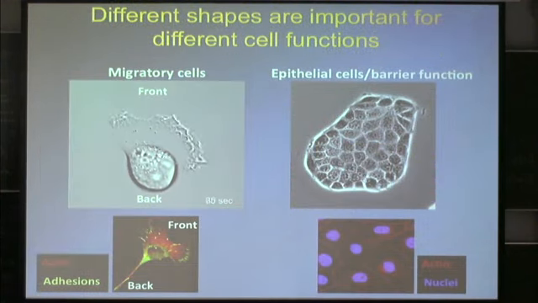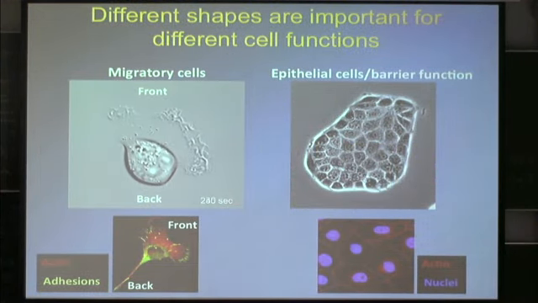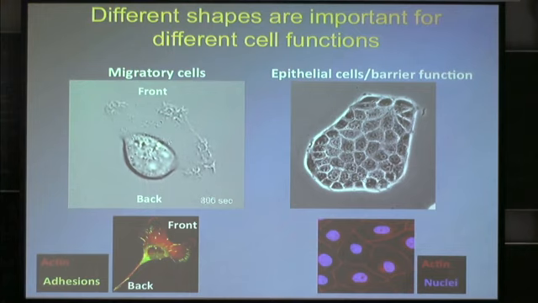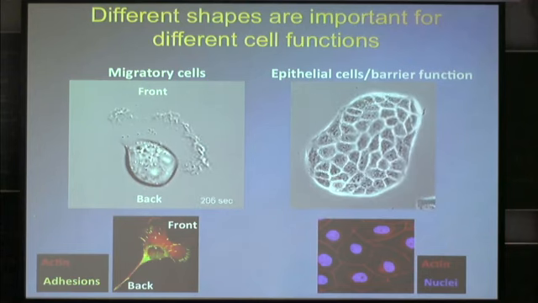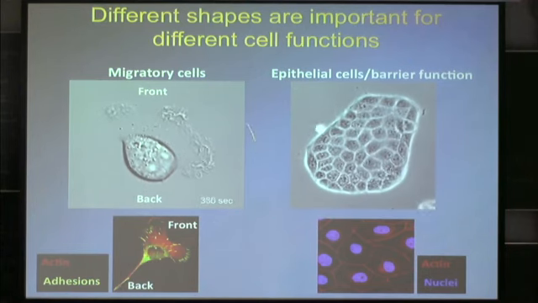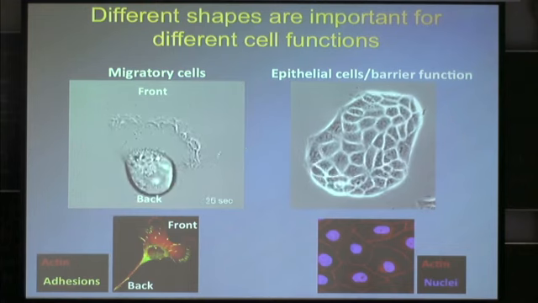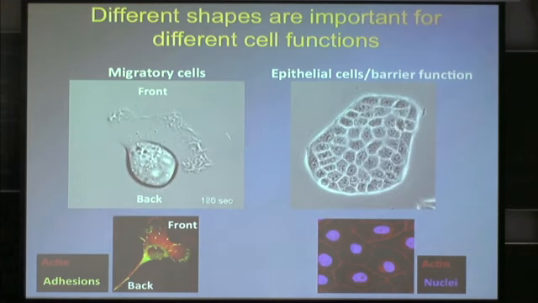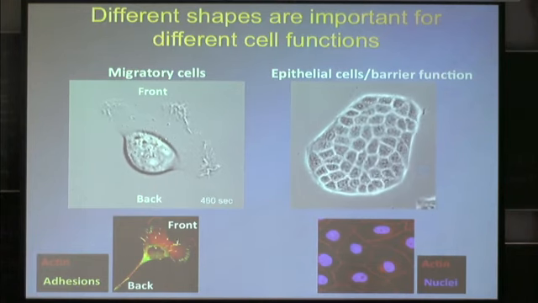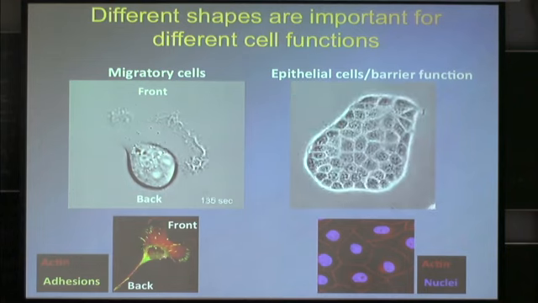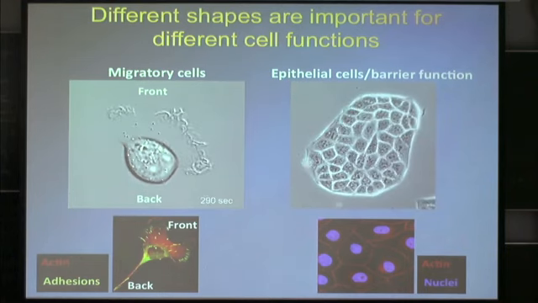All those different shapes are most often associated with distinct functions. So let's look at the migratory cells. We all know how they look, but it is always nice to see how the cytoskeleton looks at the same time.